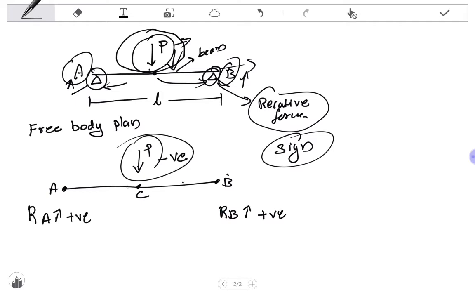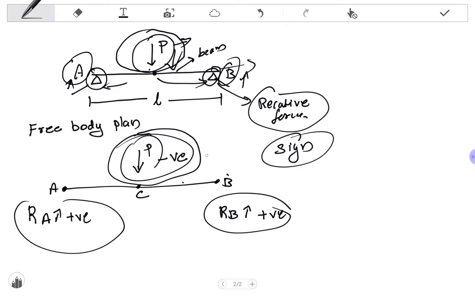So what I am trying to say is, whatever the downward force is, the reactive force will be equal, and the summation of the reactive forces will be equal to the downward force.